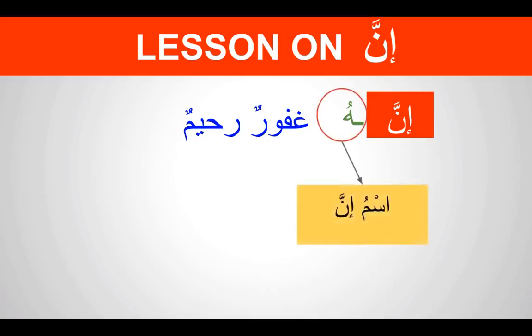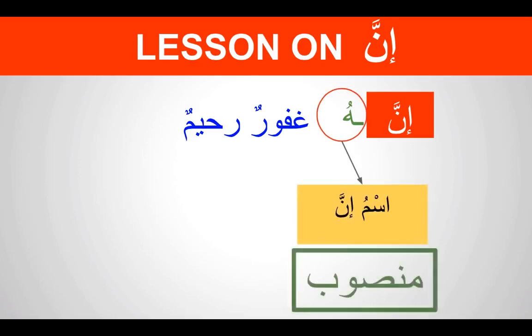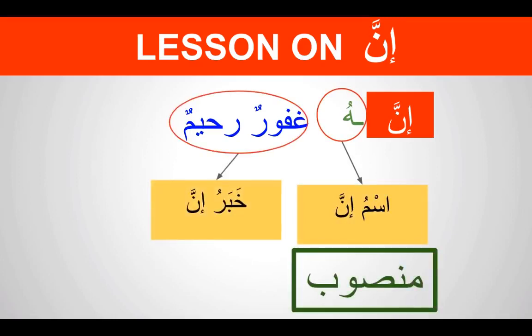Remember what we said in jar majrur: when there is a harf jar, then that hu will be majrur, minhu. Whereas if it is innahu, that means it will be mansub, it will be ismu inna mansub. So it will be innahu ghafurur rahim. We have read this in the Quran many times, innahu ghafurur rahim. So here hu will be ismu inna mansub, and again we're looking for a khabar of inna.